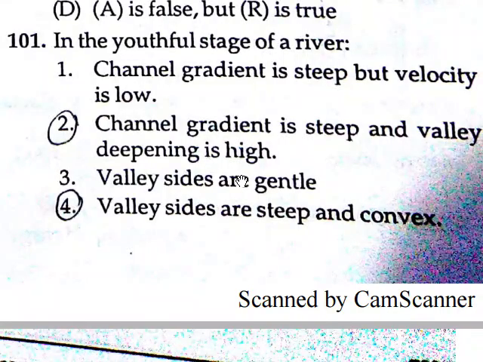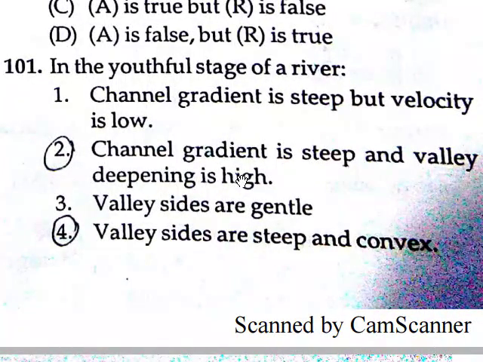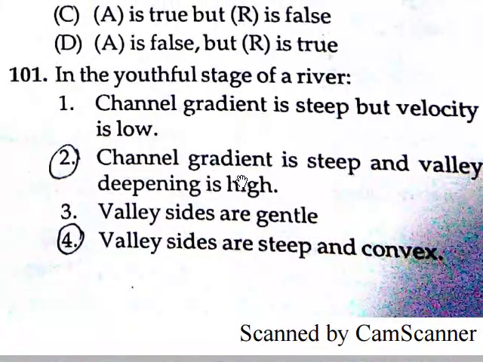So the first question: in the youthful stage of a river, channel gradient is steep but velocity is low. Second, channel gradient is steep and valley deepening is high, and valley sides are steep and convex.